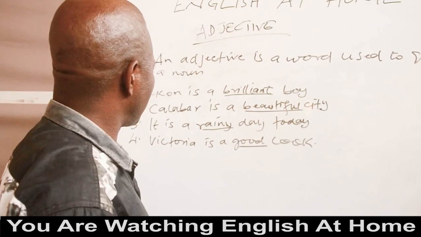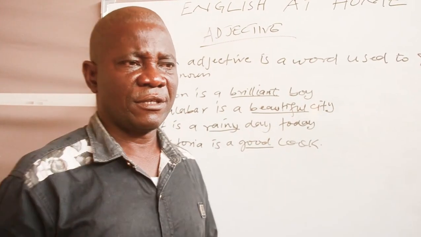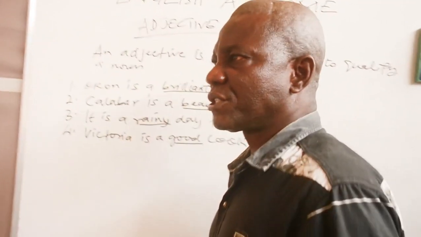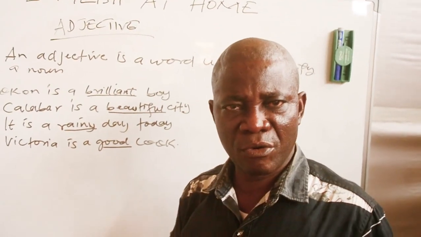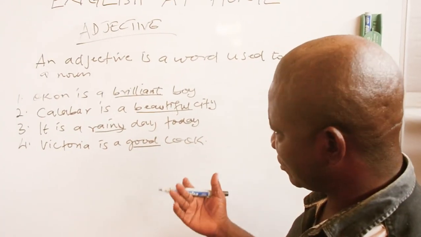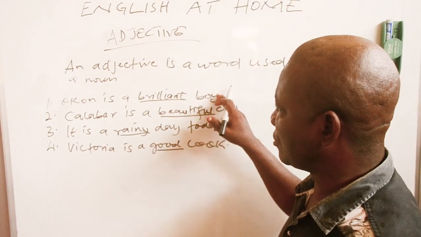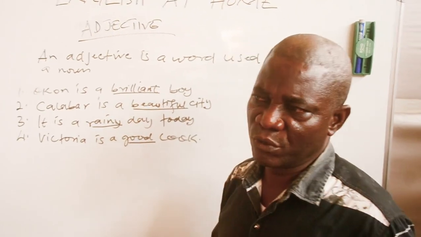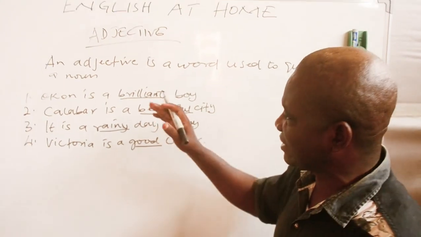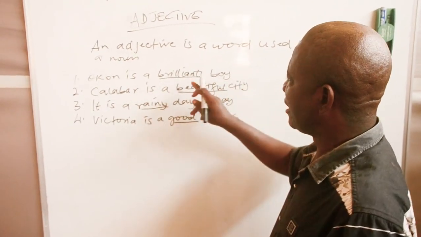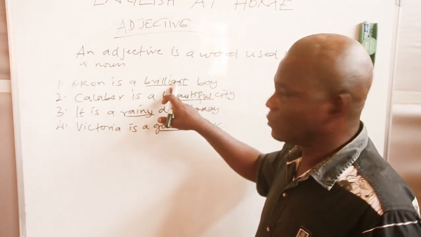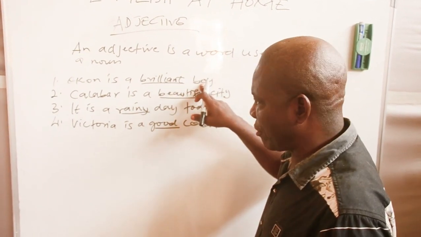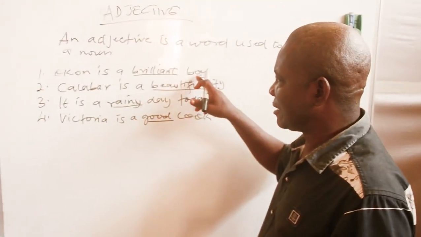We could make a sentence like Okon is a boy. But when we say Okon is a brilliant boy, it tells us more about Okon. At least that's one thing we never knew before about Okon. It could be we were thinking he was just a boy, but by saying Okon is a brilliant boy, the word brilliant tells us more about the noun boy, and this has given us more information.